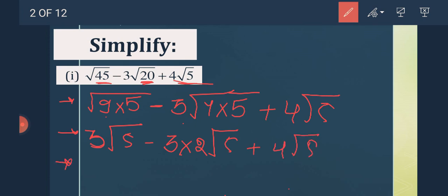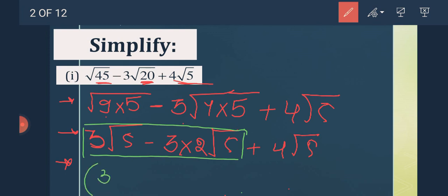Our next step will be 3 minus 6 plus 4. If you ask where we get it from, first of all we take 3 as common, then 3 2s are 6.